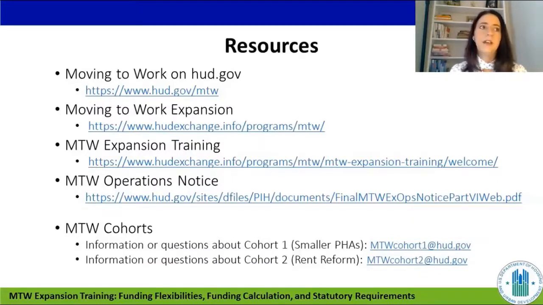There's the special purpose voucher FAQs that we talked about. There's the page about the reserves, the applicability of being able to apply the fungibility to operating or capital reserves or voucher reserves. You can go to the HUD Exchange website for all of the training resources on the expansion.